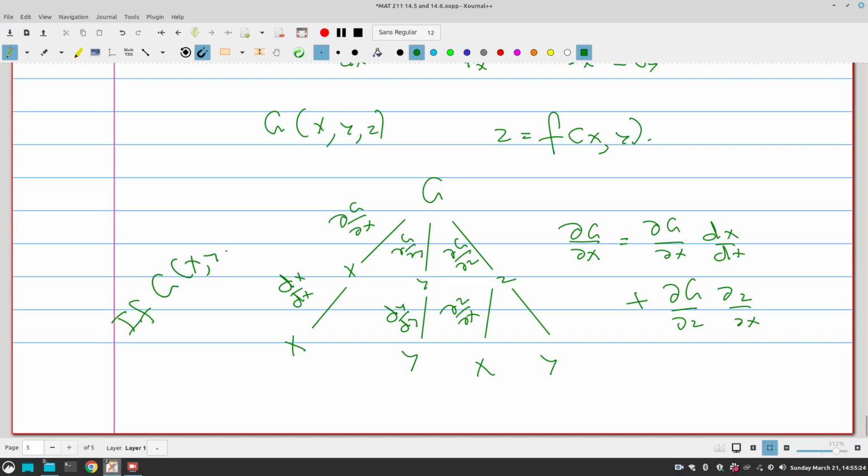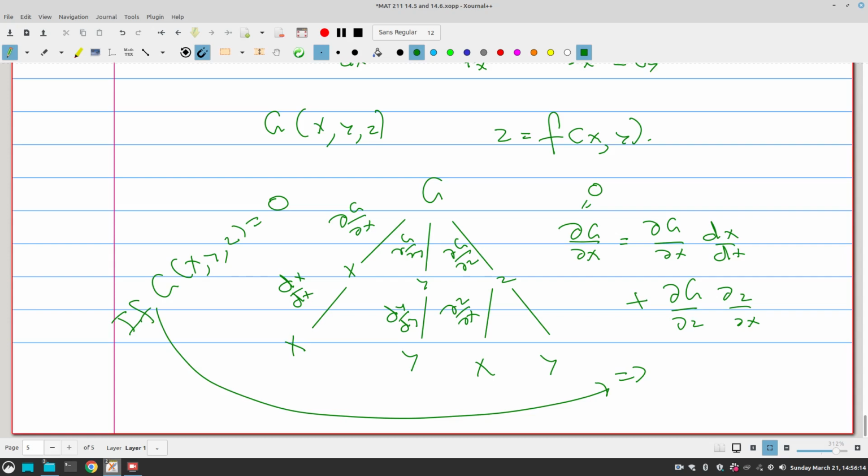Now, if g(x, y, z) equals 0, then this is going to equal 0, meaning when you take the derivative of both sides, you get 0.